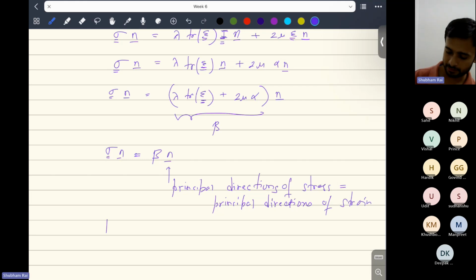And now beta is the principal value of stress corresponding to each principal direction.